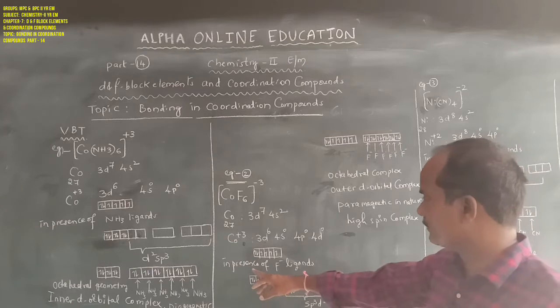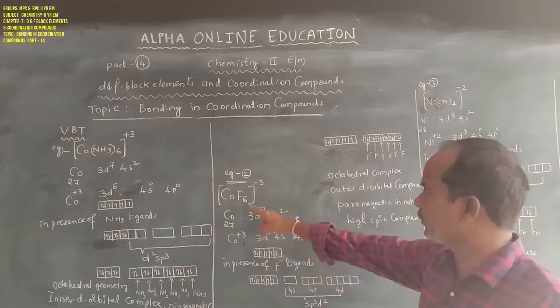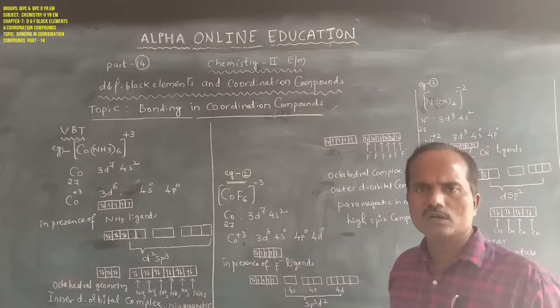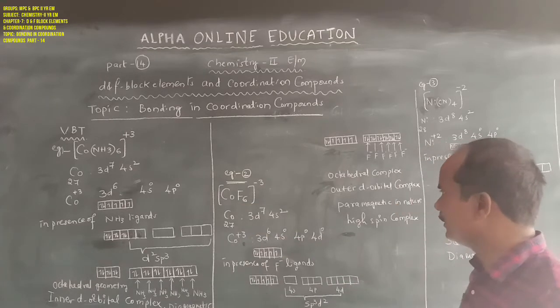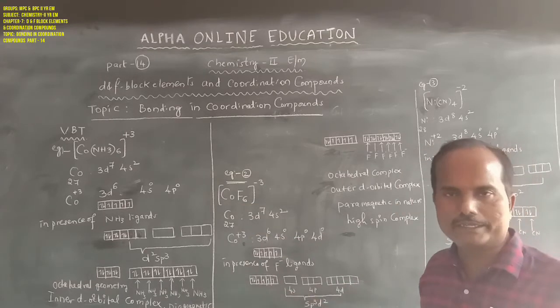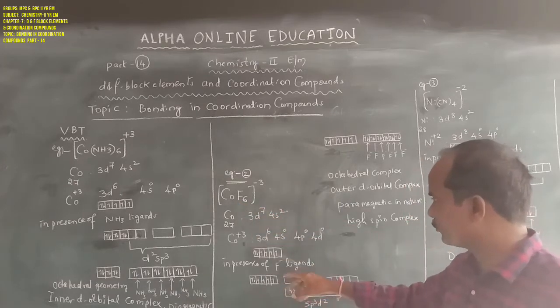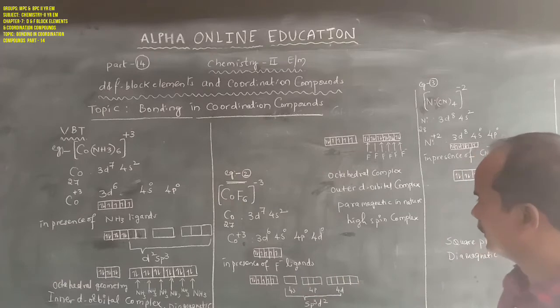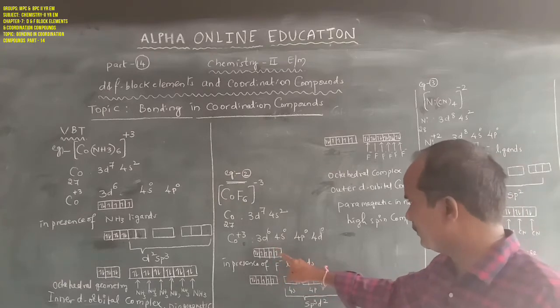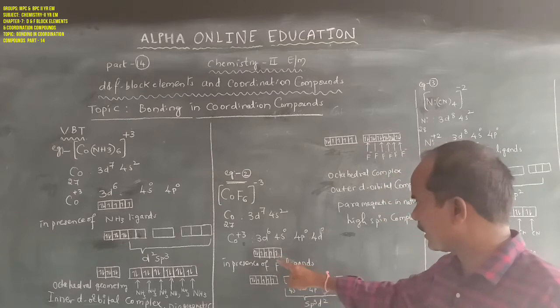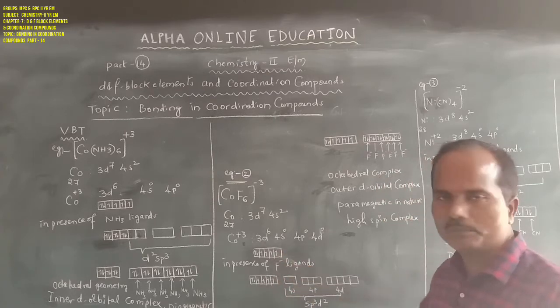In the presence of fluoride ligands, during formation of hexafluorocobaltate(III), 6 fluoride ligands approach the cobalt ion. The 3d orbitals, which hold electrons, cannot be changed.